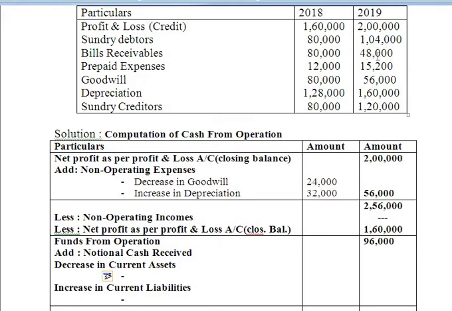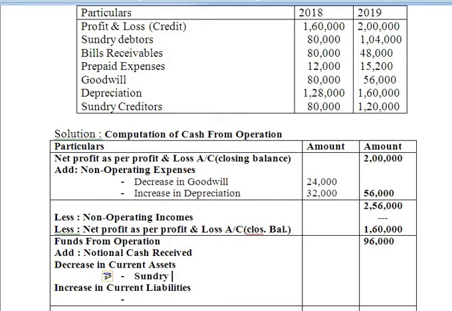So here there is a decrease. When there is a decrease, it means that the payment is being received. So decrease in current assets is nothing but notional cash received.